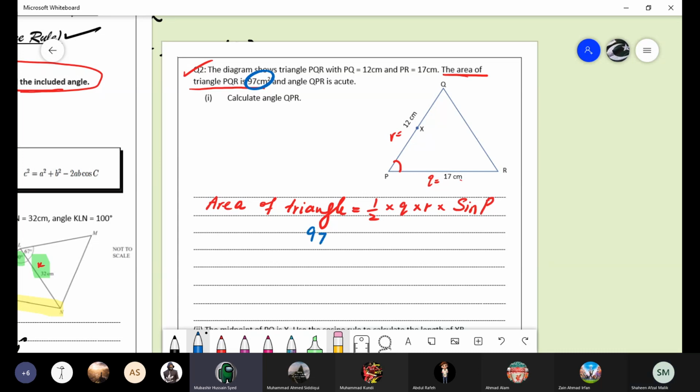We have 97 equals 1/2 multiplied by 12 multiplied by 17 and sine P. Take this 2 and multiply with 97. And multiply 17 and 12. What's the answer by multiplying 17 and 12?